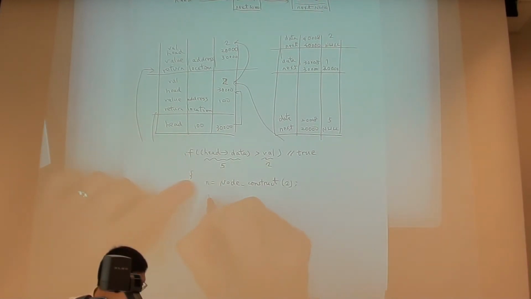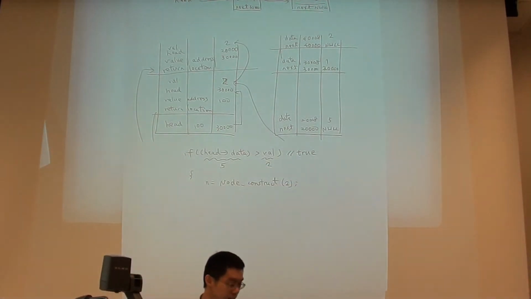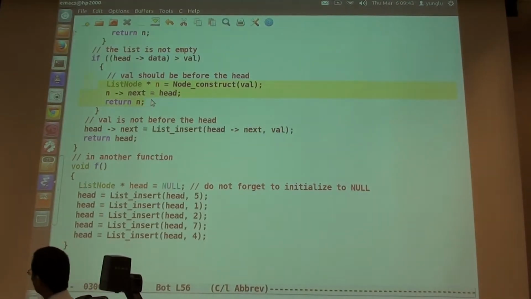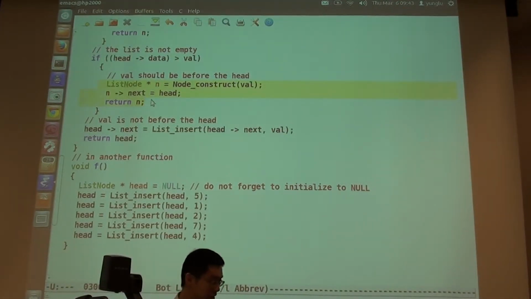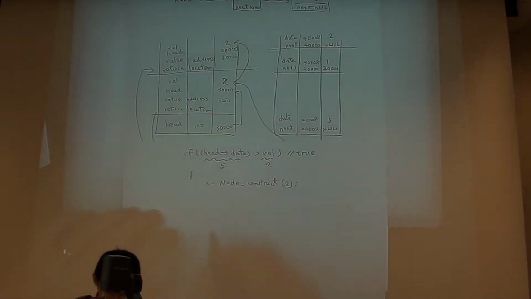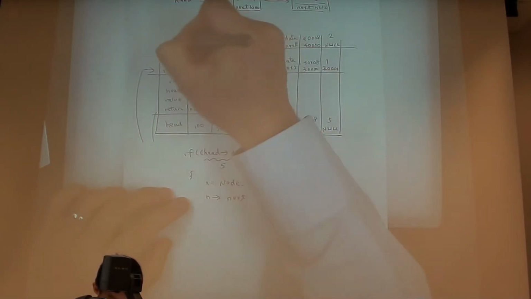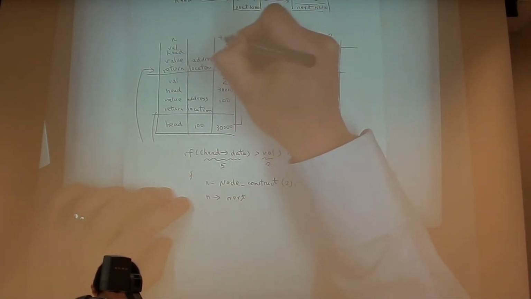Then going back to this set of these 3 lines here, N's next is equal to head. So I say N's next. N now becomes 40,000.